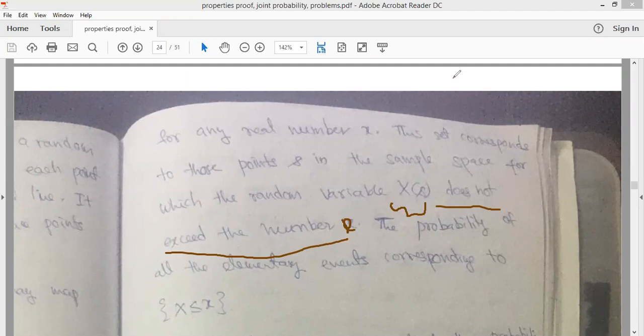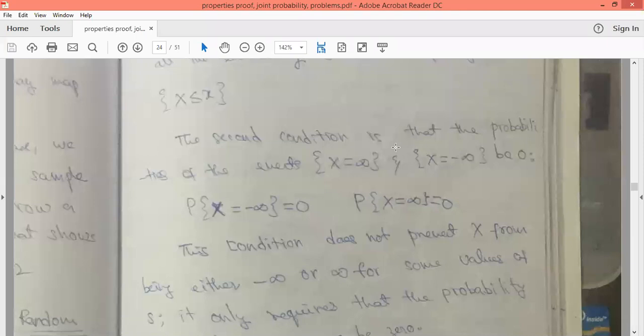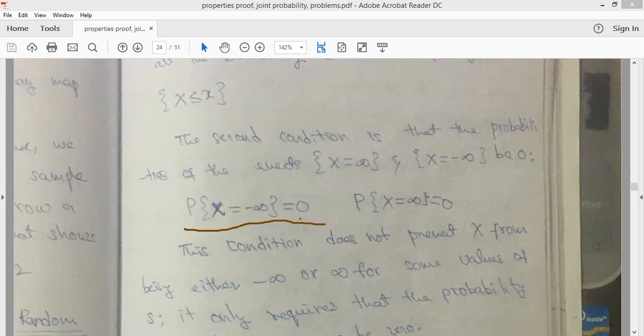Then there is one more condition, given like this. For example, you have an infinite event. What is the probability of any event at a particular location? Since it is an infinite event, the probability of X = minus infinity will be 0, because it is an impossible event. Is it possible to occur?